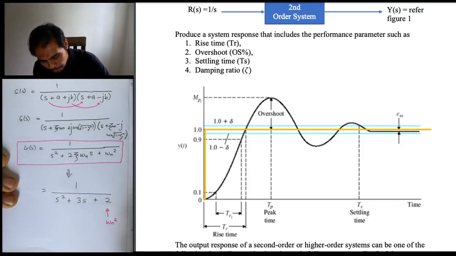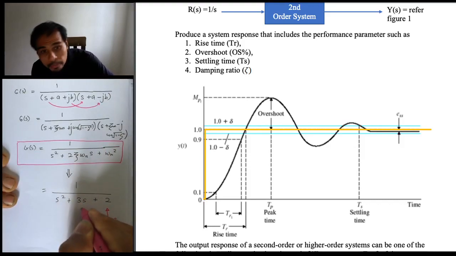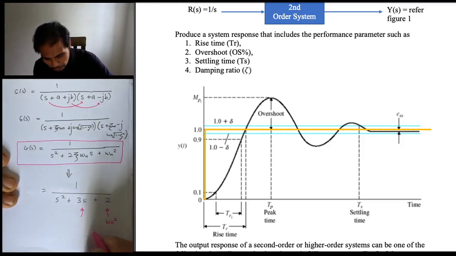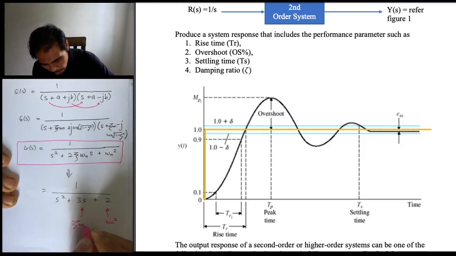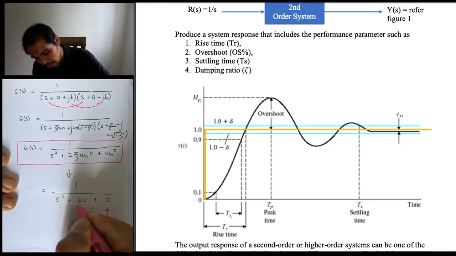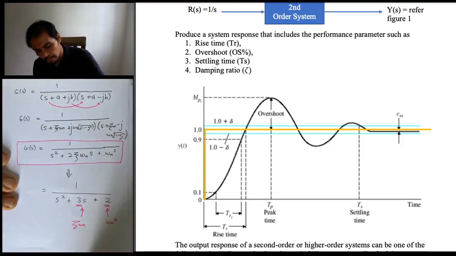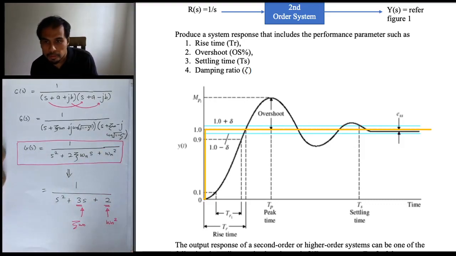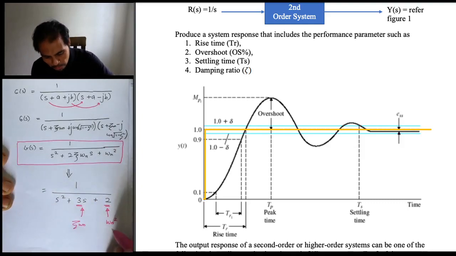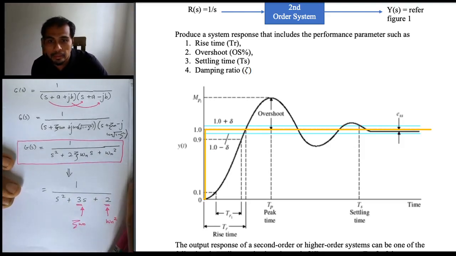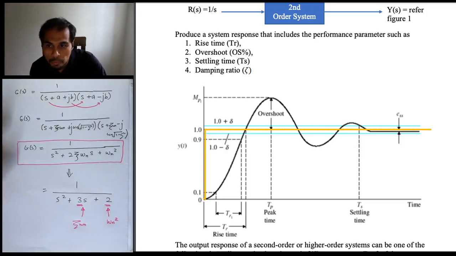This is our 2 zeta omega n, right? 3. Okay, so when we know these parameters, we can then calculate the TR, TS, and so on. So we stop here and then we continue after this.